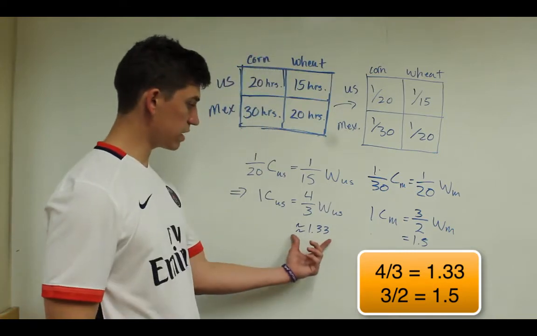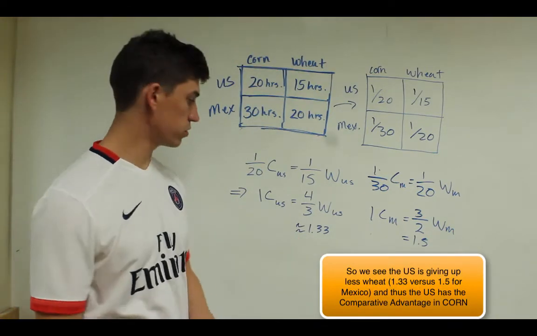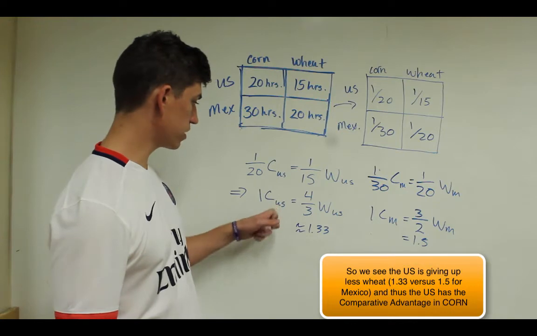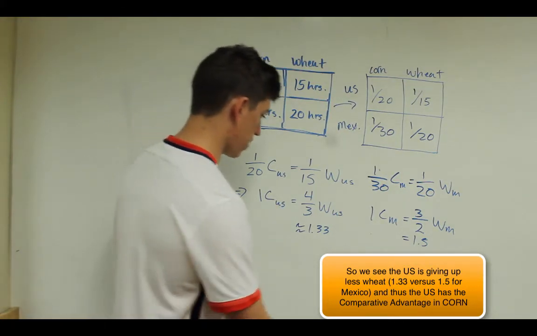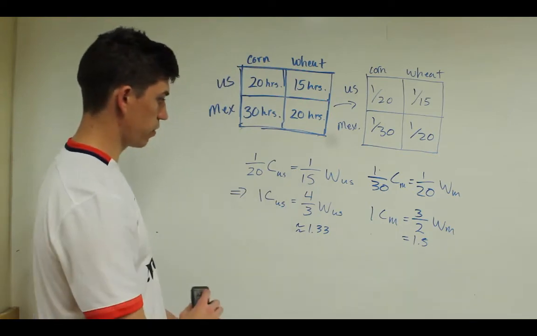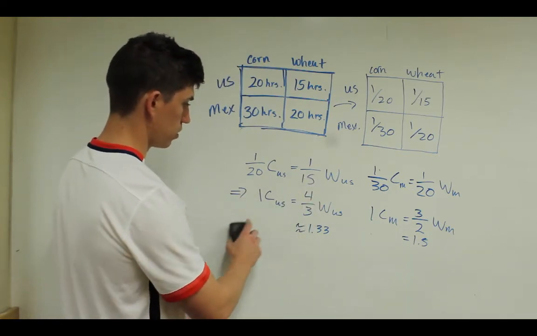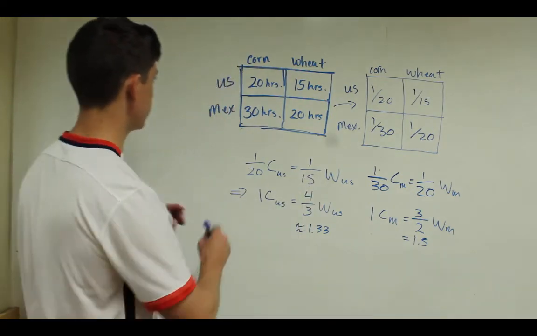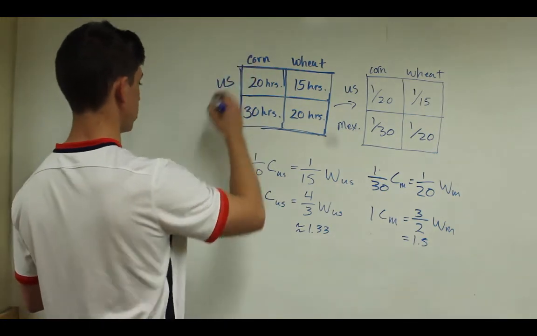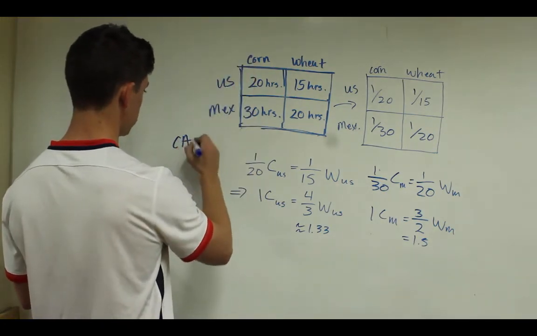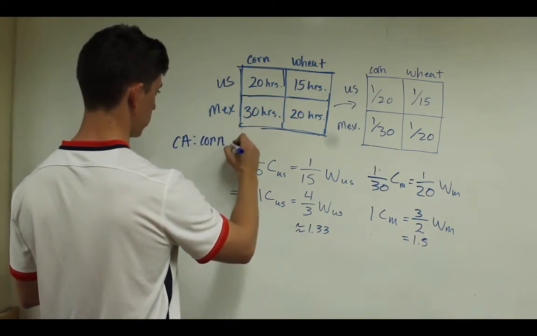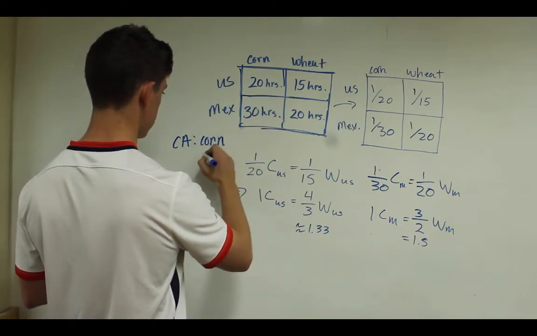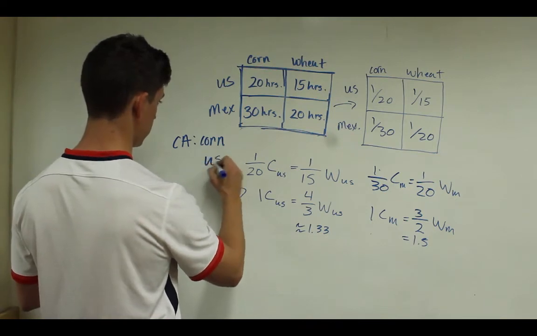So obviously the US gives up less every time they produce a corn, so the US has the comparative advantage in corn. But then let's look at what happens when we flip this the other way around and solve for 1 wheat. We already said that the comparative advantage in corn is the US. I'll write it here like this.